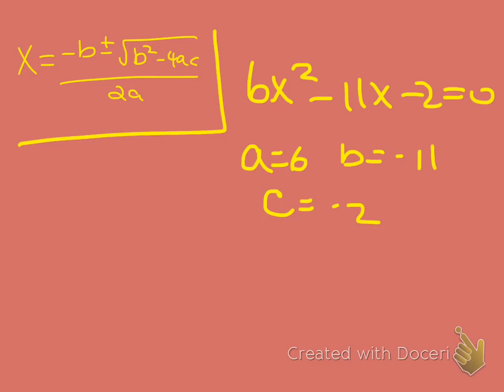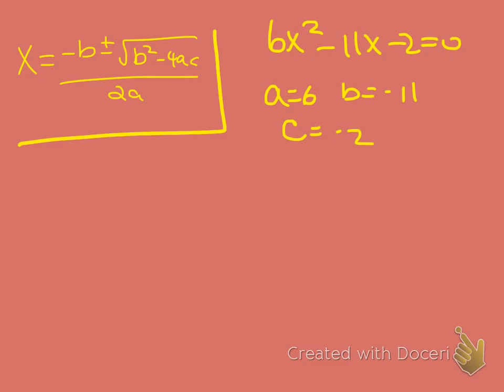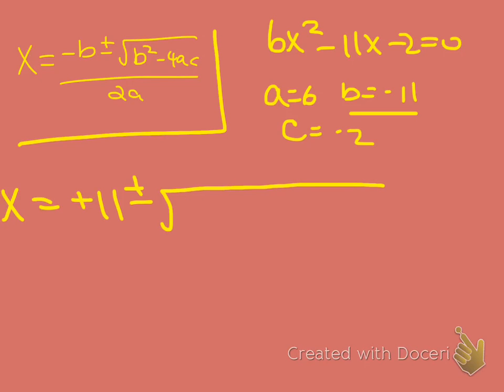That's really important so we know what a, b, and c are. I'm going to scoot these a little smaller and up. We're going to plug everything in here. x equals negative b. b is already negative 11, so a negative negative is just going to be a positive 11, plus or minus the square root of b squared.